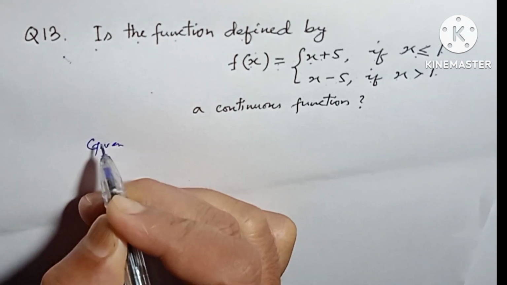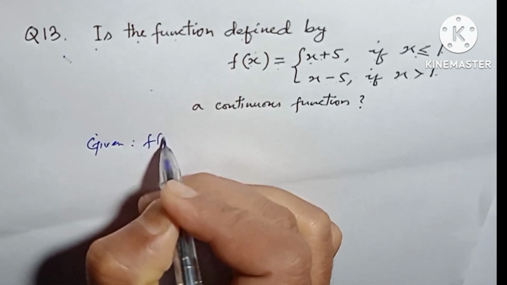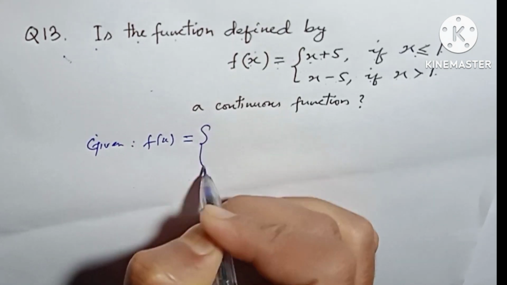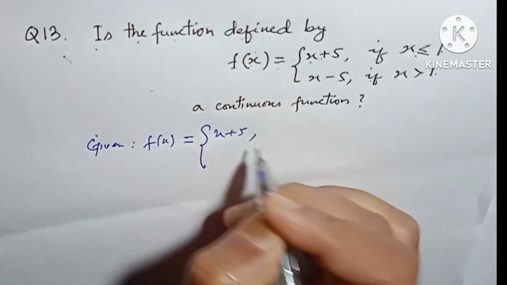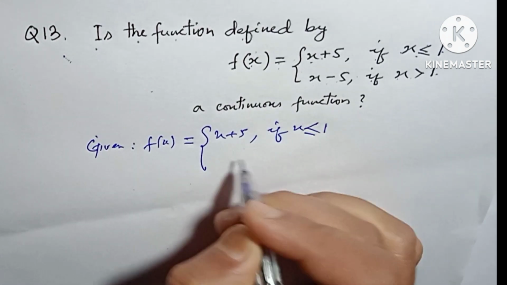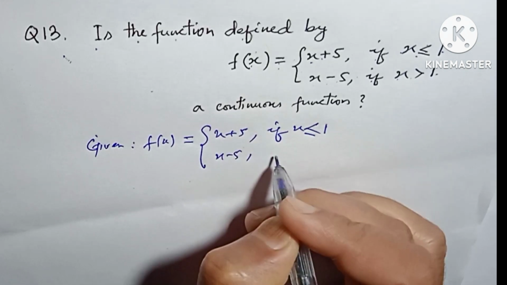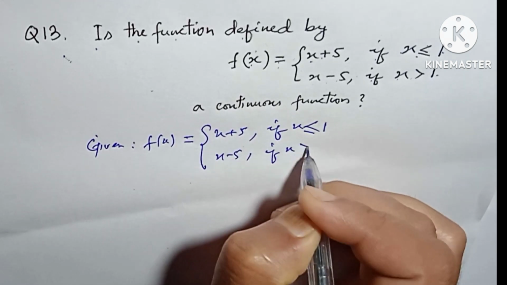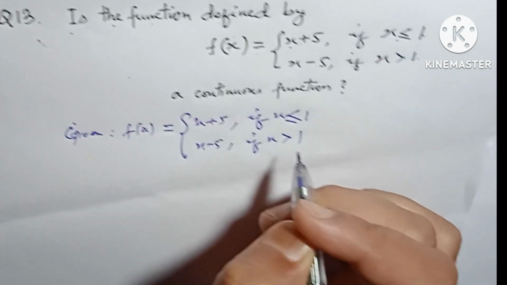Given f of x is equal to x plus 5 if x is less than or equal to 1, and x minus 5 if x is greater than 1.